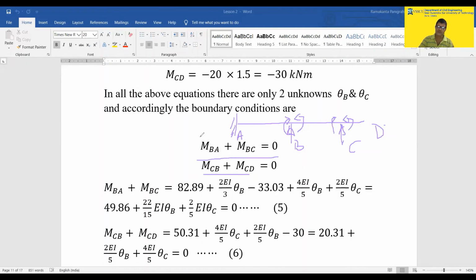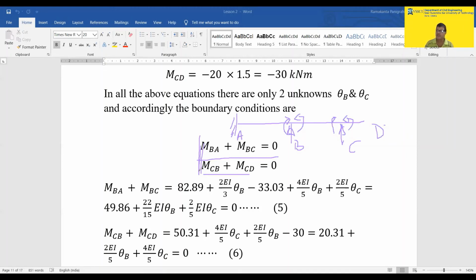Write the joint equilibrium. You can say these are the compatibility conditions or continuity equations, or the boundary conditions, whatever you may say. You write these conditions because the earlier development of these moments, MAB, MBA, MCB, and MCD, has been expressed in terms of theta B and theta C. Both theta B and theta C are unknown.